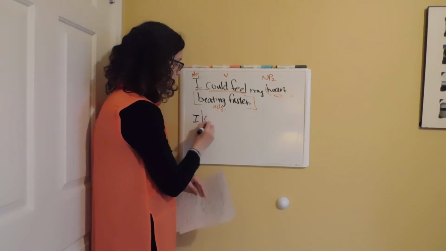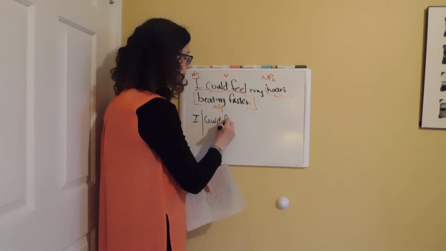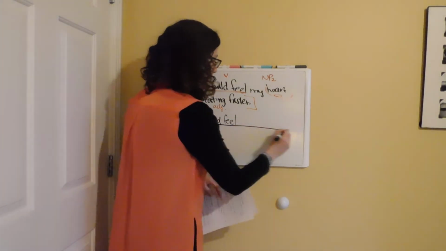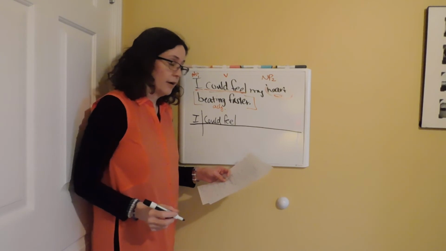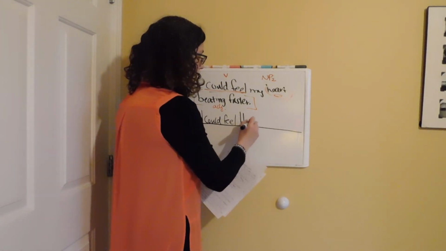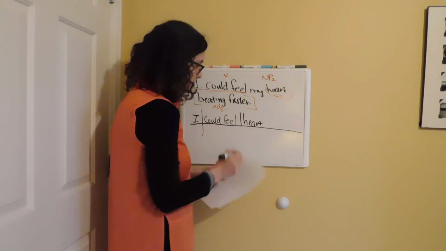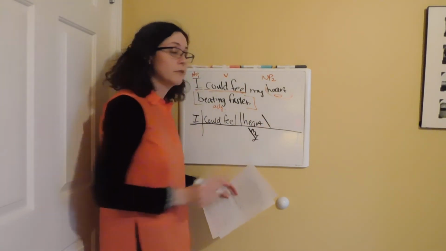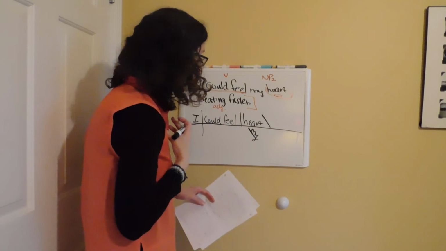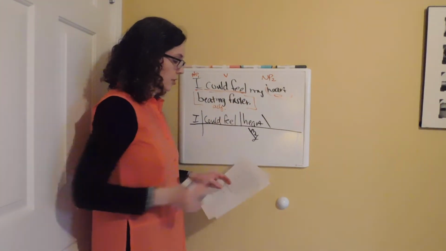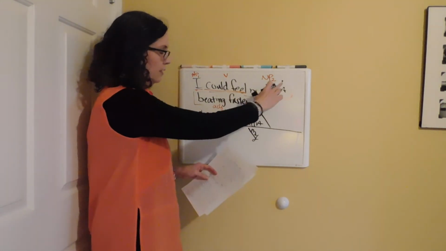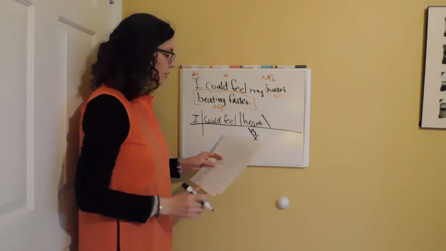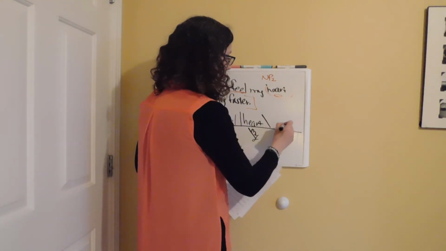I could feel. I could feel what? Direct object. Heart. My heart. This is now sentence pattern number 9 in our textbook, because now you have the subject complement, the adjective, that goes with the noun phrase 2, and you have beating faster.